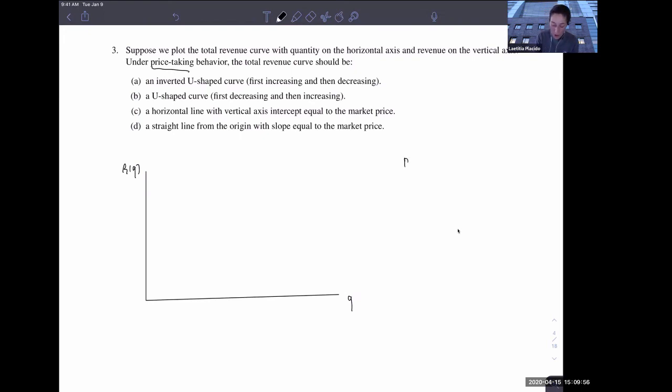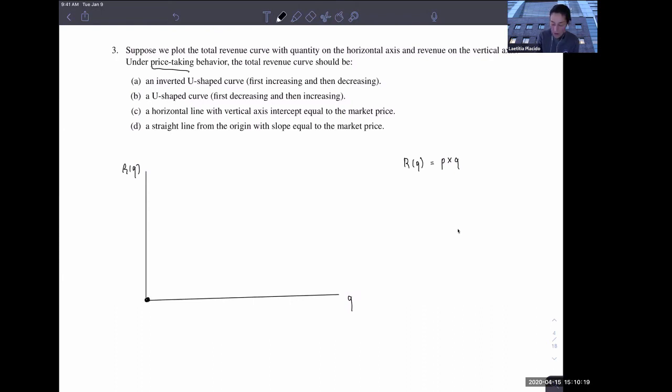So let's write down our equation for total revenue. We said total revenue is simply equal to P times Q. So what is the shape of total revenue? Well, this is an affine function of Q. When I sell nothing, I get no revenue.